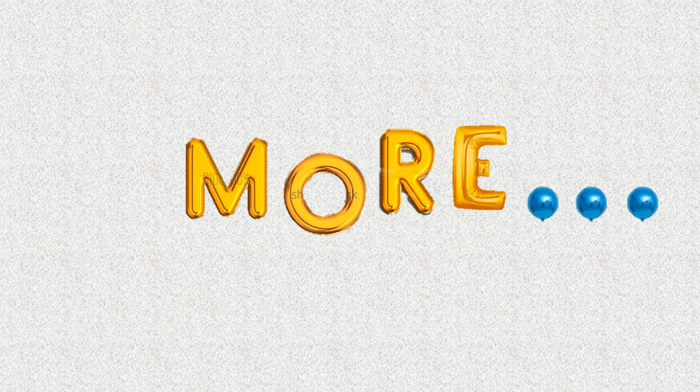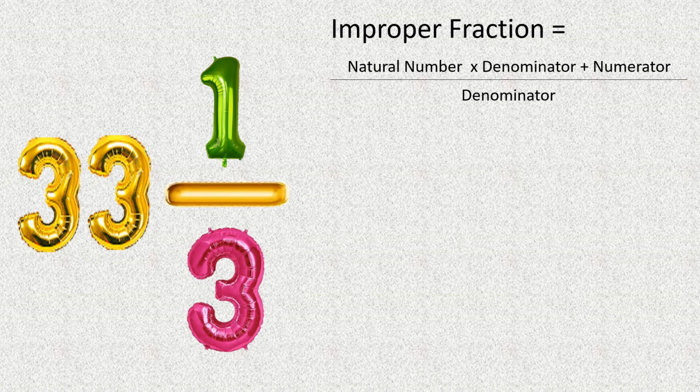Let us solve one more question. Change 33 1/3 into an improper fraction. We know that improper fraction is equal to natural number multiplied by denominator plus numerator, upon denominator. See, in this question, natural number is equal to 33. So write 33 in place of natural number.